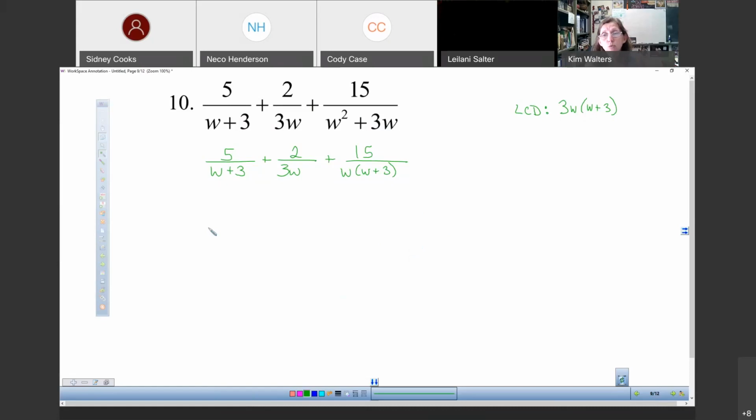Okay, so I'm going to write each of these over my least common denominator. So I'm going to write 3 new fractions, 3 completely new fractions.